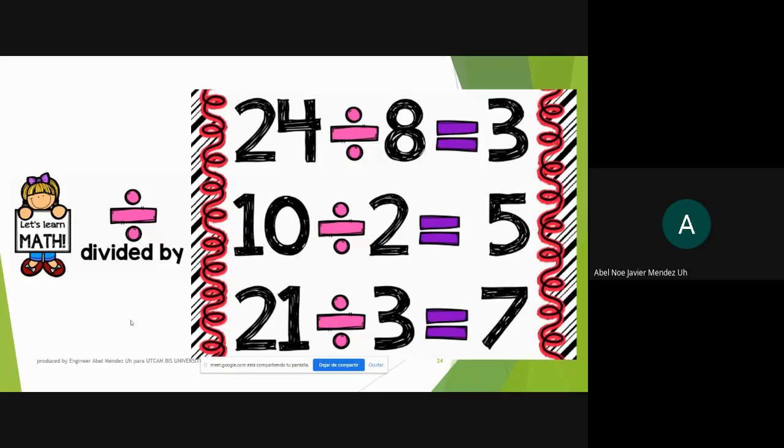We continue with the number 3, the last but not the least. 21 divided by 3 equals 7. Repeat after me: 21 divided by 3 equals 7. That's right. Very good.